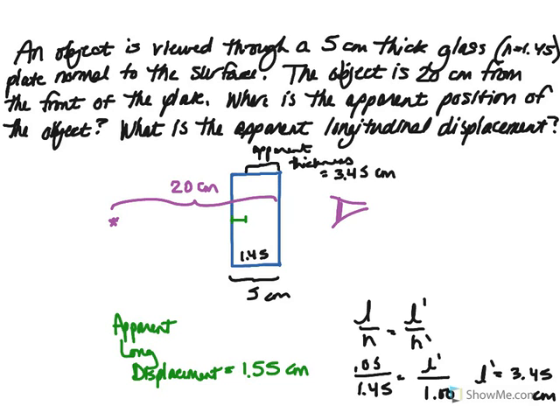And it's going to be shifted the same amount that the back surface was, this 1.55 centimeters. Now we can just take 20 minus 1.55, and the object will now appear to be 18.45 centimeters behind the front of the plate. So you would have an image formed somewhere around here.